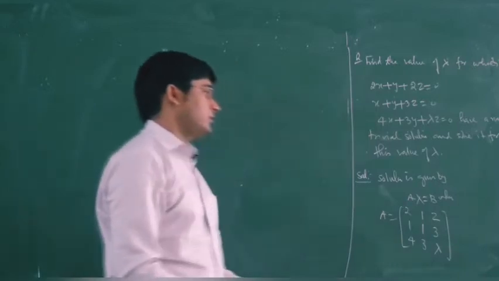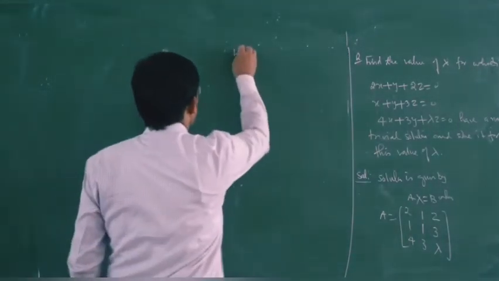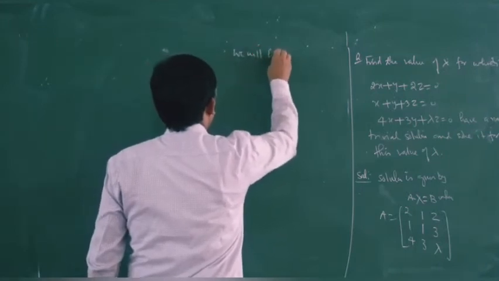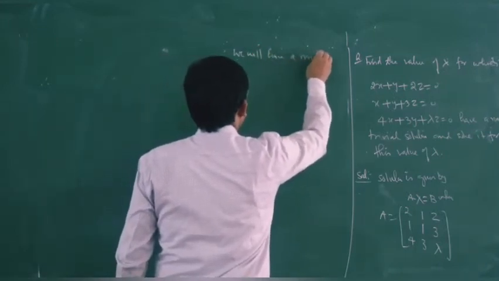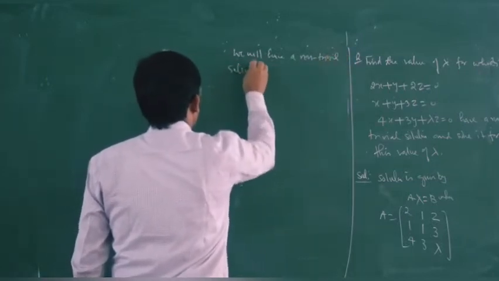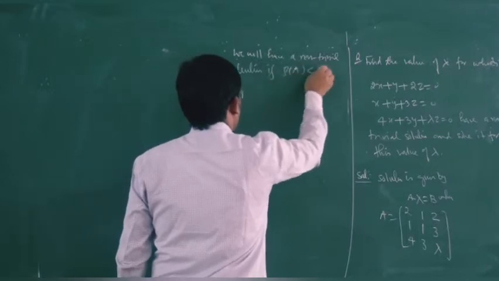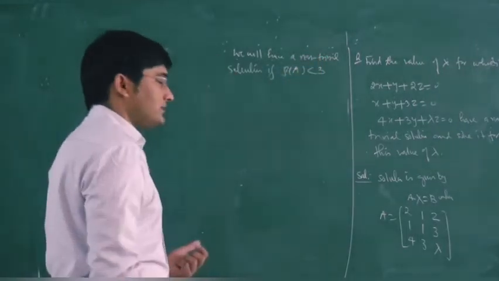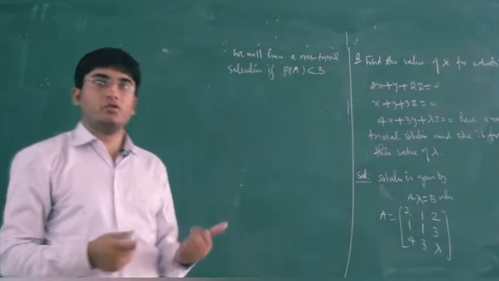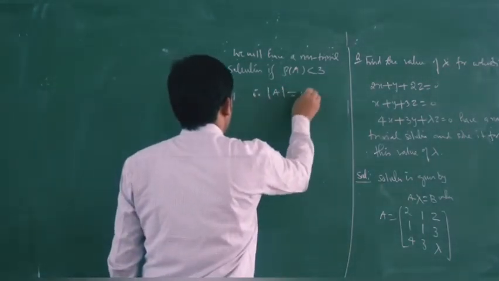Now we will have a non-trivial solution if rank of A is less than 3. So that means the determinant of the matrix should be equal to 0. Therefore, determinant of A is equal to 0.